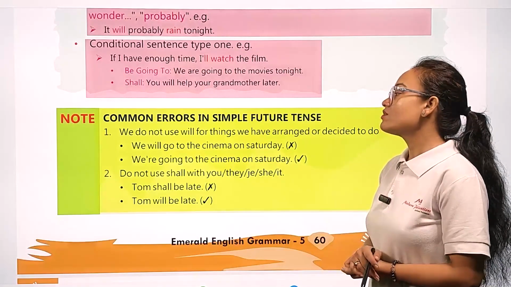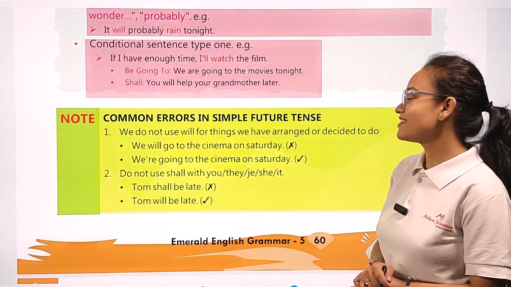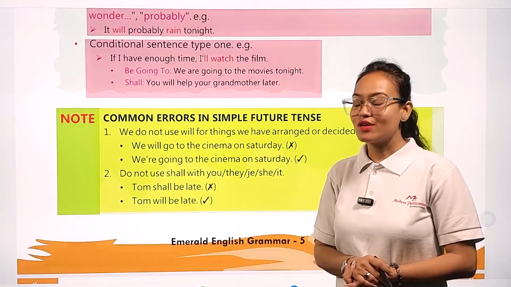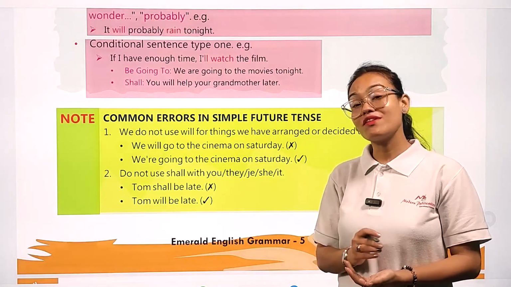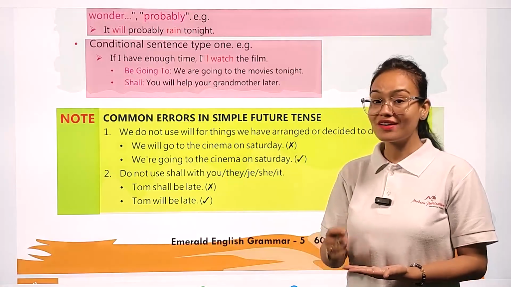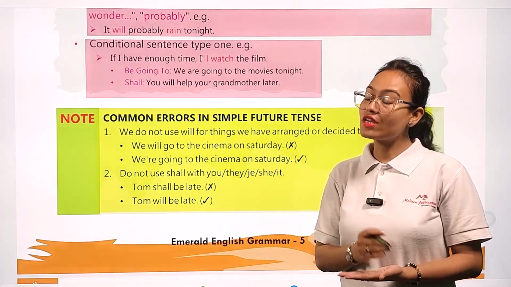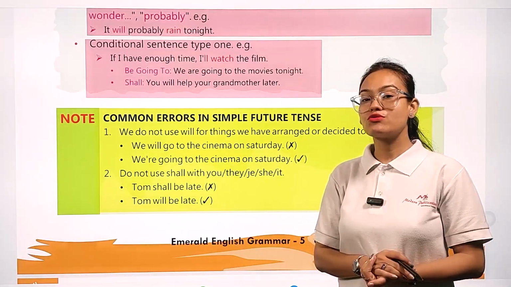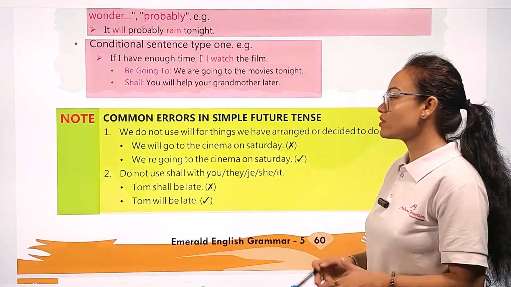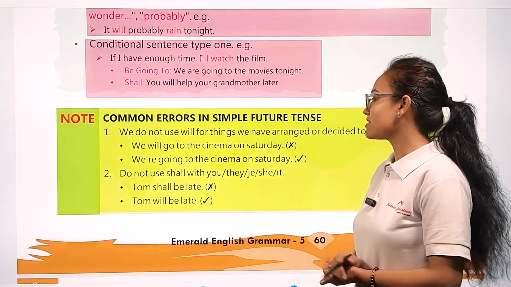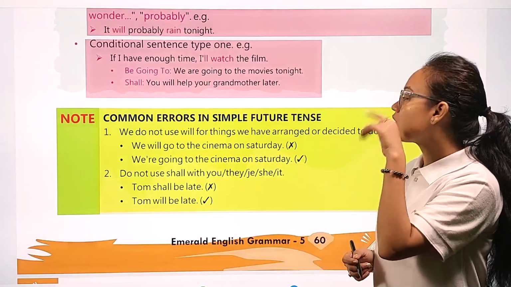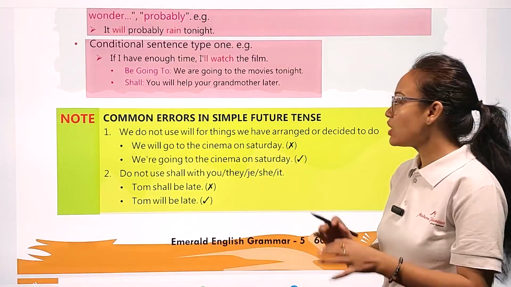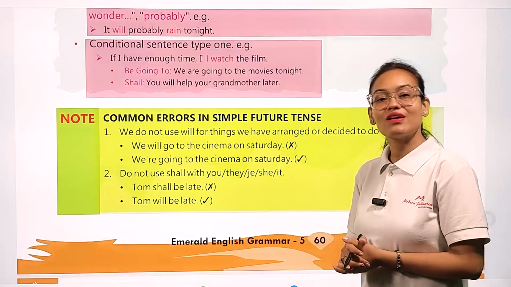Example: we will go to the cinema on Saturday. No, this is a wrong statement, because whenever you have already decided something, we are not going to use will. So in what way should we write this sentence? We are going to the cinema on Saturday.